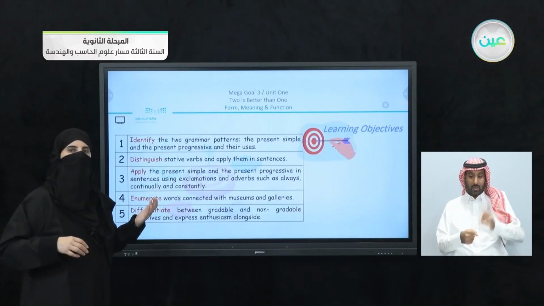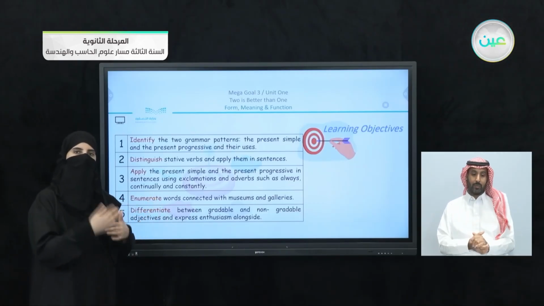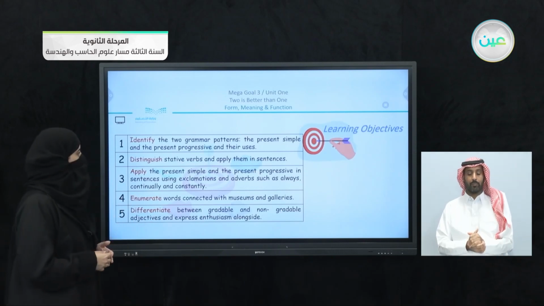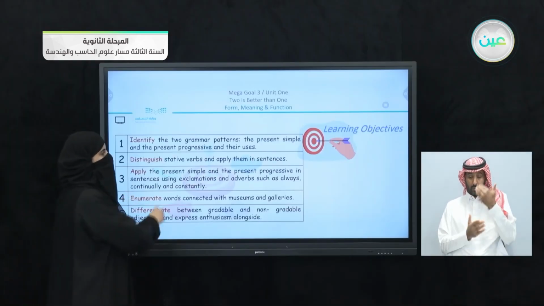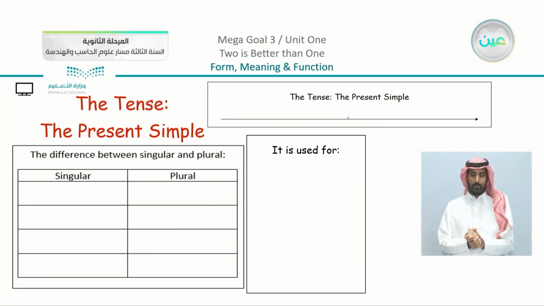We call them exclamations or adverbs. Now we're going to go back to them. Such as continually and constantly. We have number 4 to enumerate words connected with museums and galleries. And we have number 5 to differentiate between gradable and non-gradable adjectives and express enthusiasm alongside. So as you can see, we have interesting things to work on.